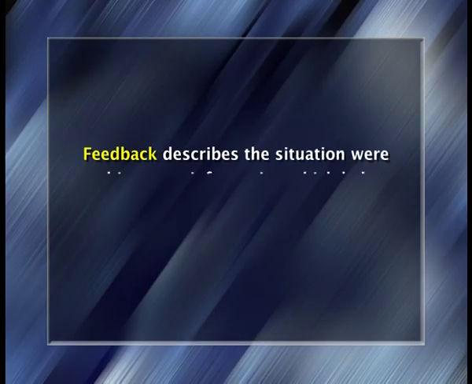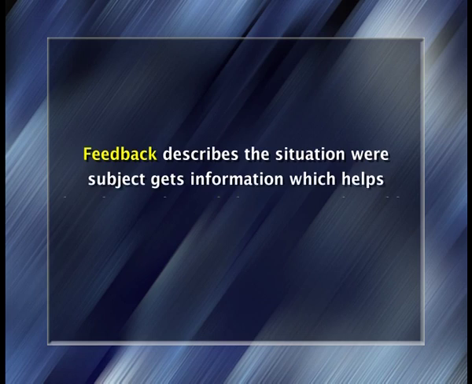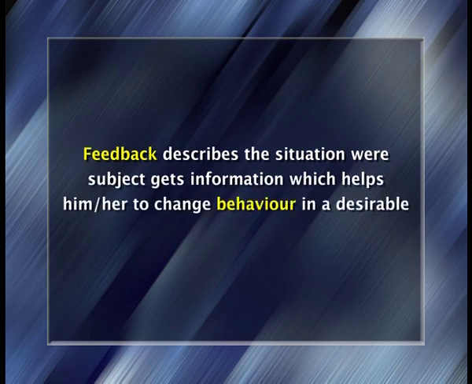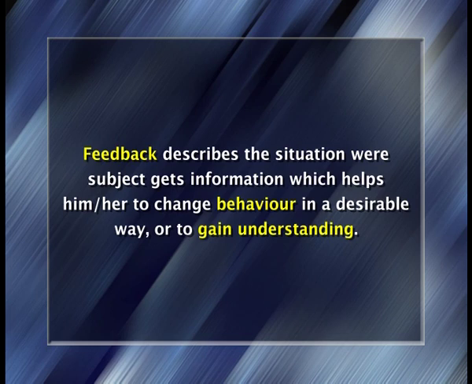This knowledge of result is defined as feedback of information to a subject about the correctness of his or her response. Feedback describes the situation where a subject gets information which helps him or her to change behavior in a desirable way or to gain understanding.